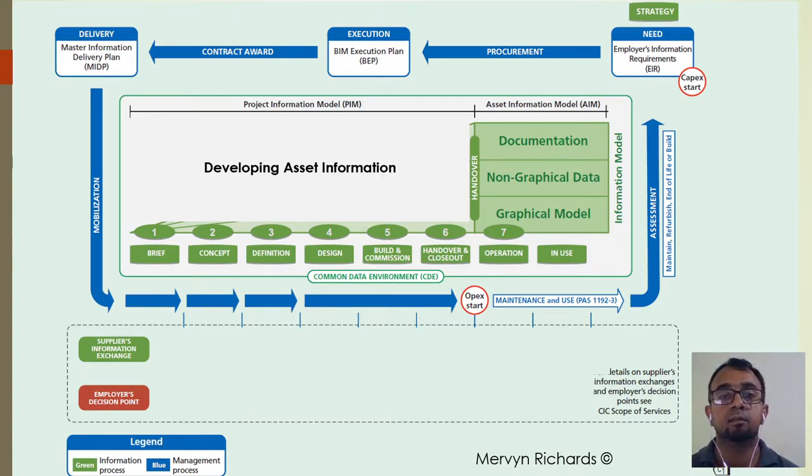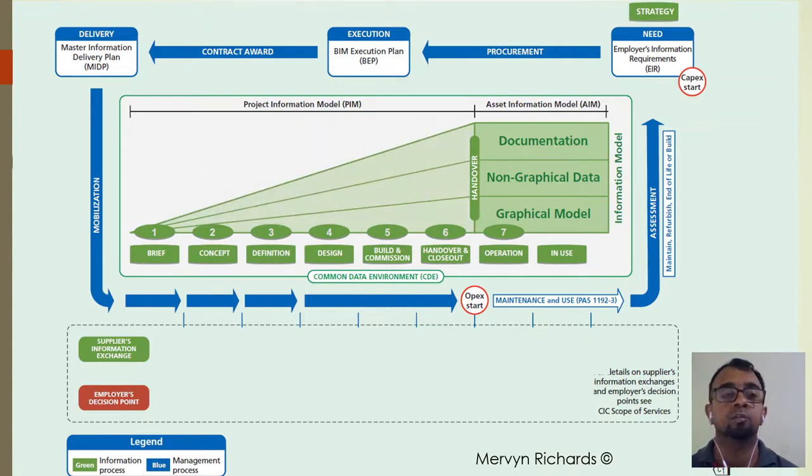And this information is not produced at once, so there is gradual development through the project life cycle, starting from the briefing stage. So the data generation starts at the briefing stage.